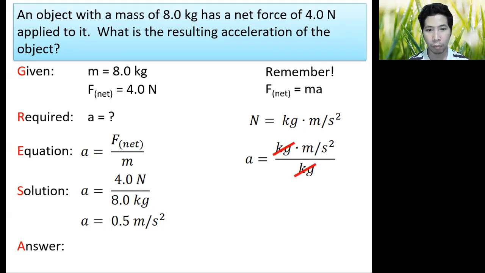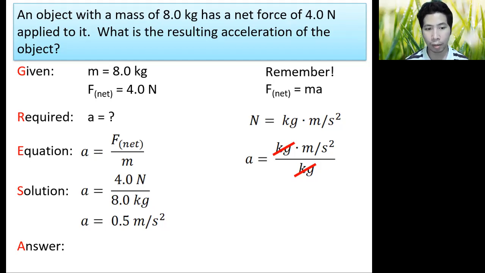If we divide both, we will be able to remove the kilogram unit and we will be left with the meters per second squared. So we did not guess the unit of measurement, but instead we were able to find meters per second squared isolated because the kilograms has been eliminated.